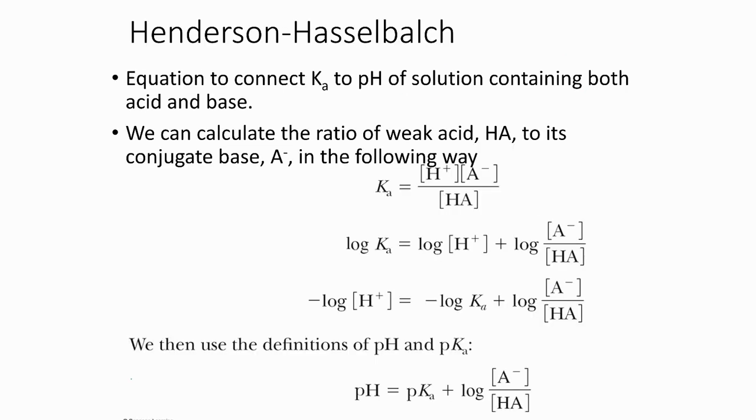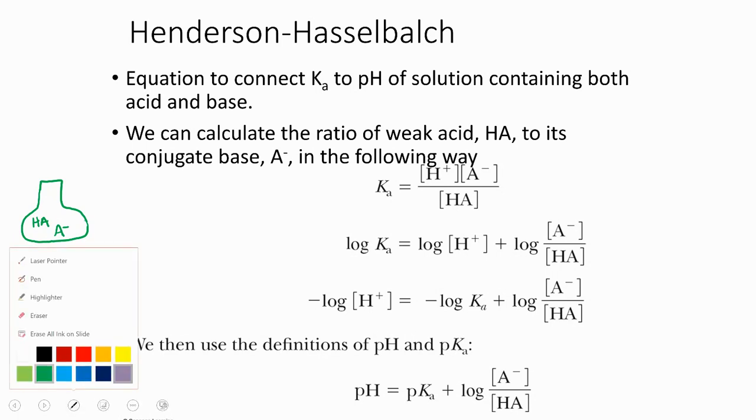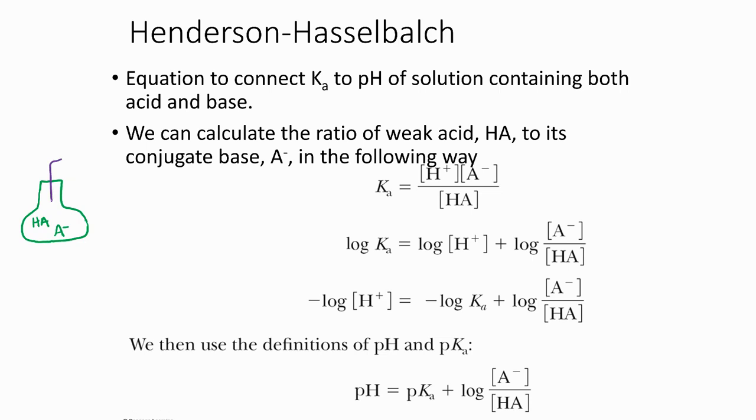Okay, so let me show you the scenario here. Let's say I have a weak acid and its conjugate base, and we decide, or something happens in the solution where the solution becomes more basic with hydroxide.